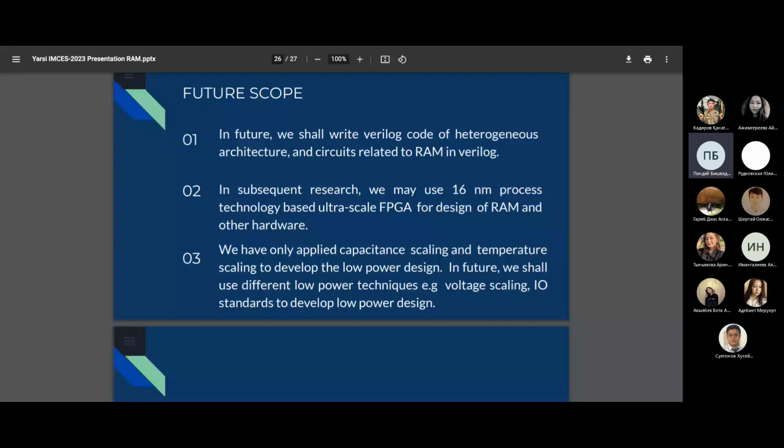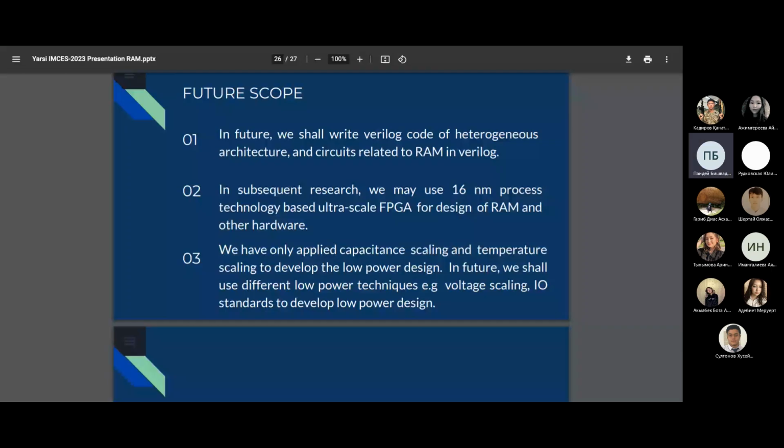Future scope. In future, we shall write very low code of heterogeneous architecture and circuits related to RAMs. In subsequent research, we may use 16 nanometer process technology based UltraScale FPGA for design of RAM and other hardware.